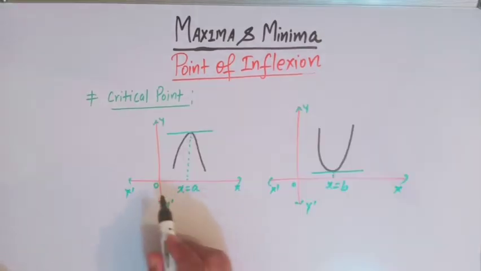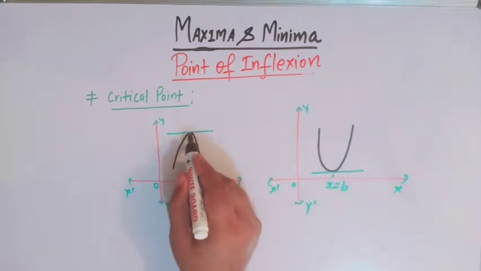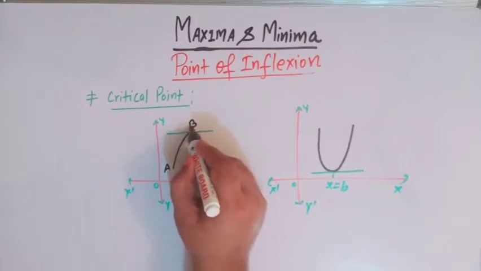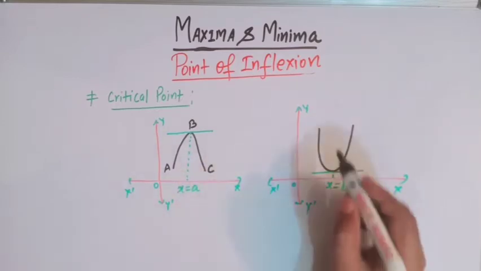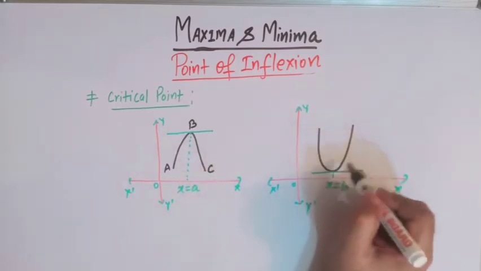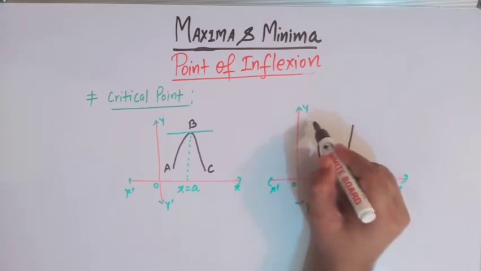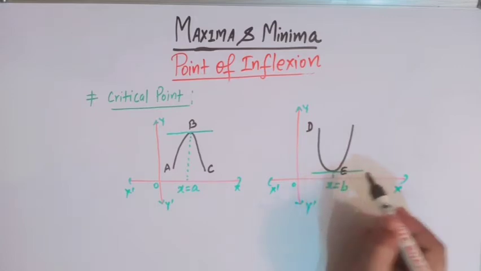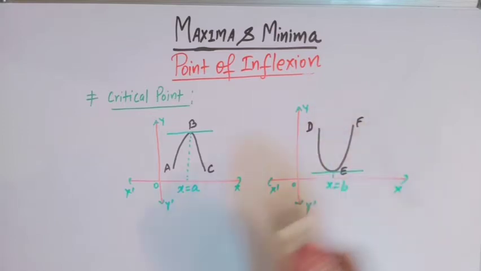Now let us take these two graphs. Here we see that this graph increases from point A to B, and then it decreases from point B to C. And this graph decreases from point D to point E, and then it increases from point E to point F, right?